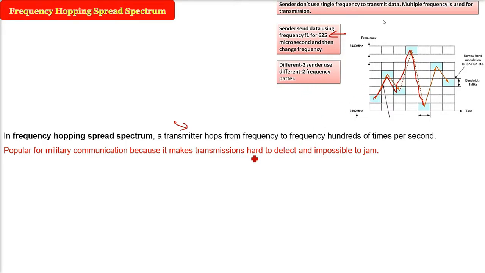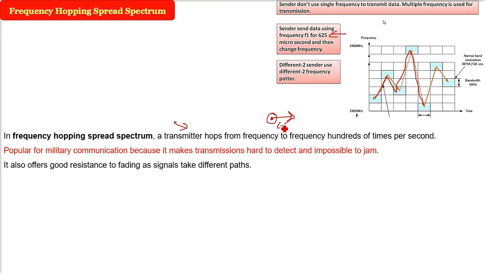As I said, they are very popular in military communication because the frequency is hopping. If one frequency is used, it can be found. But if you are jumping through frequencies, it is hard to detect and almost impossible to jam, stop, or destroy the signal.